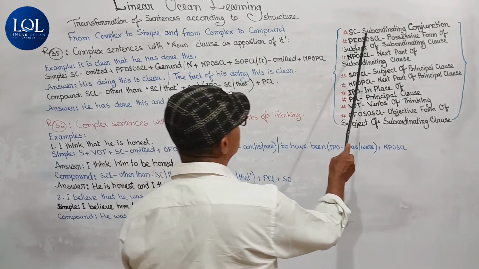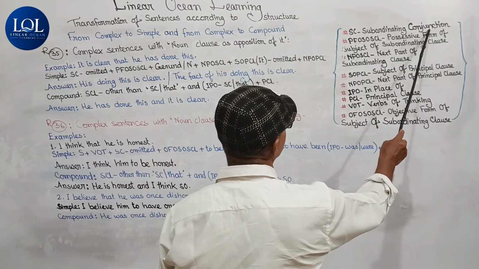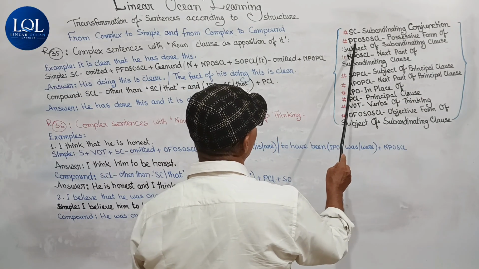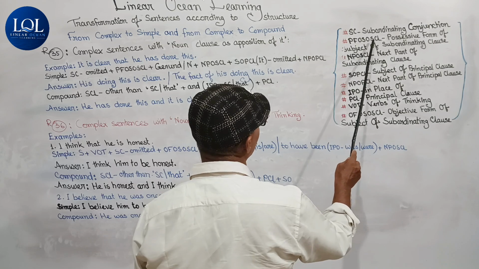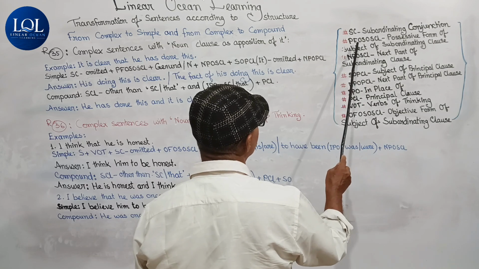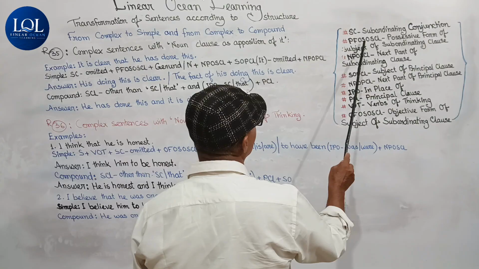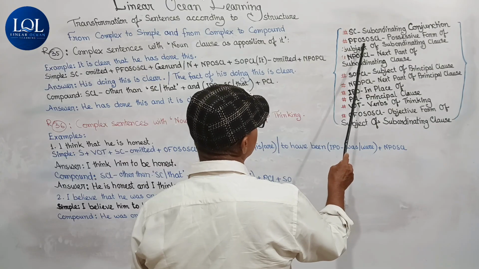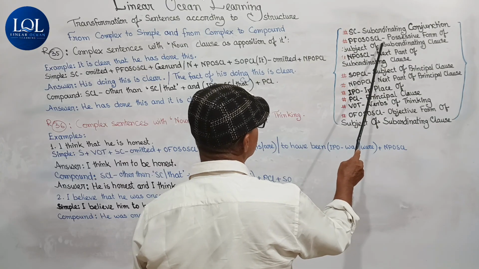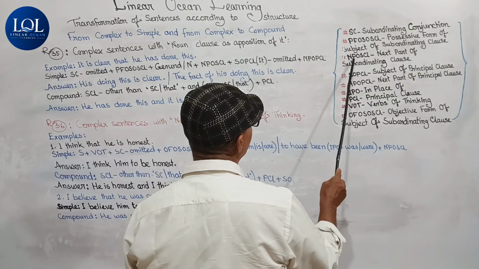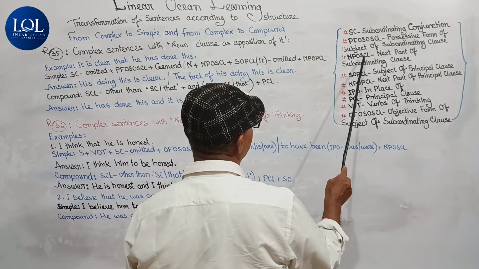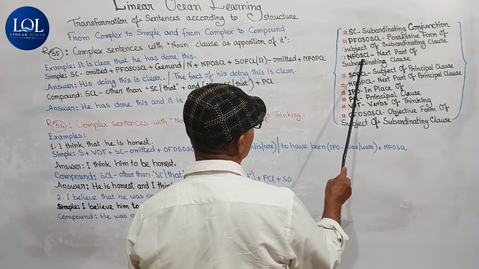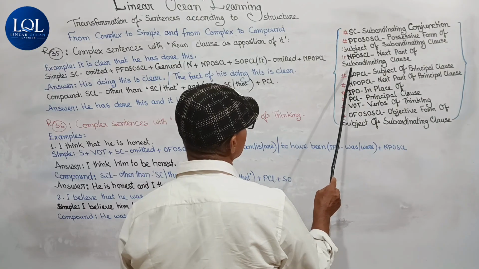Here, SC means subordinating conjunction. PFOSOSCl means possessive form of subject of subordinating clause. NPOSCl means next part of subordinating clause.